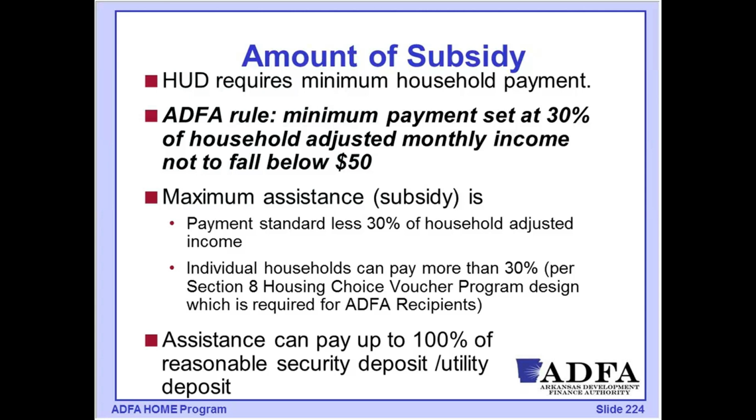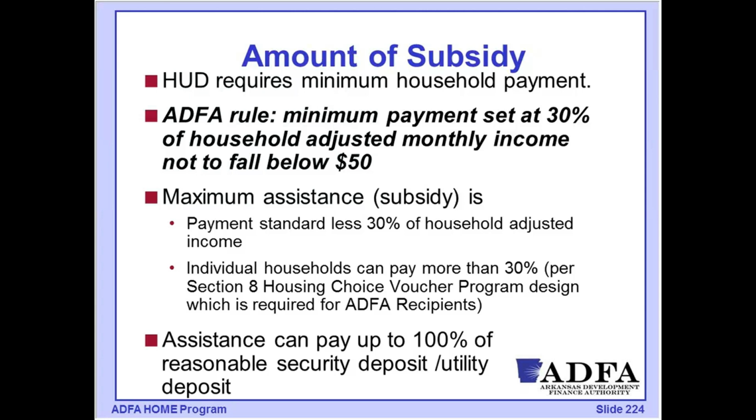So at a minimum, everyone's going to be paying $50, but we're going to be calculating what's 30% of their household income, so what's affordable for them to pay, and that is adjusted monthly income. If you use the HUD income calculator that's online at the HUD Exchange, that will help you through this calculation of the adjusted monthly income.